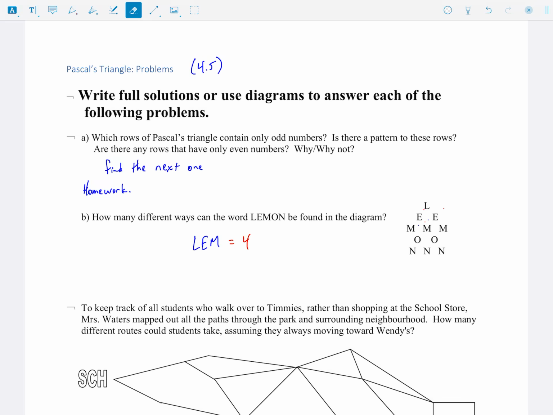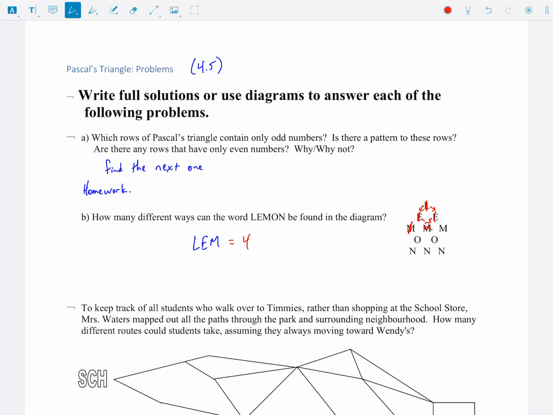Are you seeing a pattern yet? Is that Pascal's triangle popping in there? What if I were to write over top of this? So if I'm just looking to spell the word L, I get 1 way. If I wanted to spell Lee, I could go this way or this way. To get to an M, I would go here, or I could have 2 ways to go to this M. Okay, and why is that?